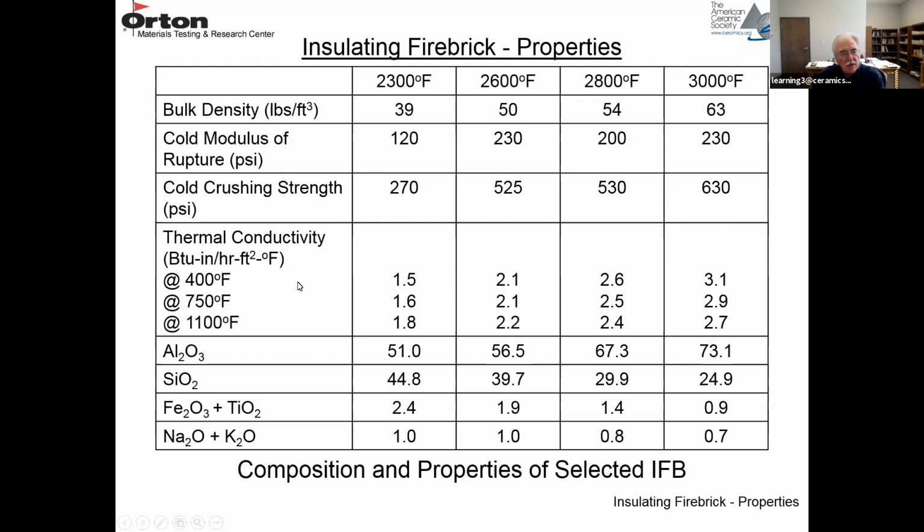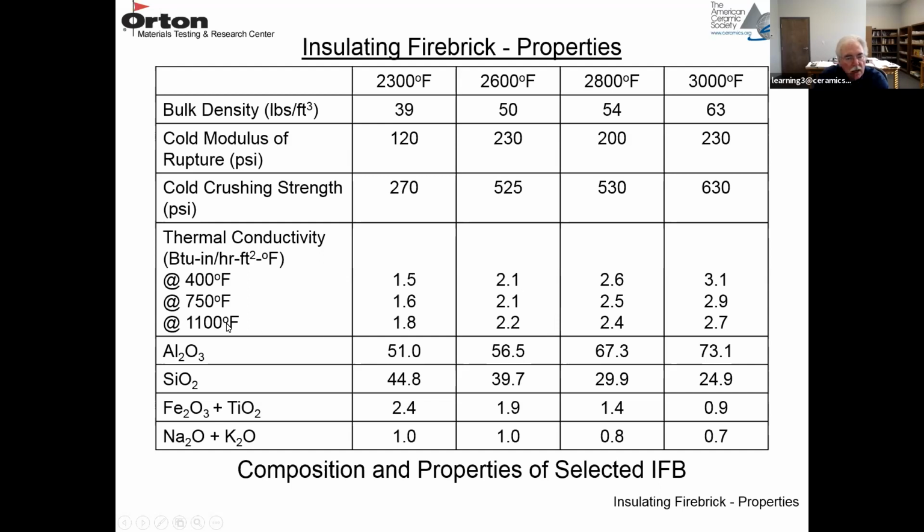And these are the thermal conductivity values in the BTU units at 400, 750, and 1100 degrees F. You can see that they generally increase or stay about the same. There's no large drop off.